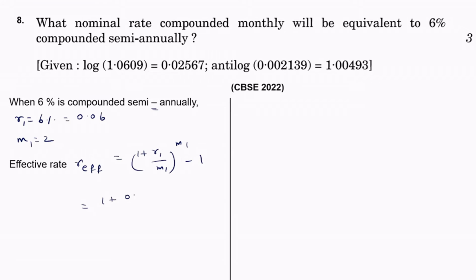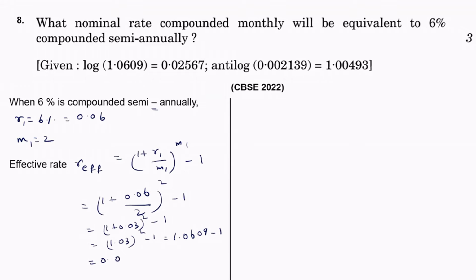So it is 1 plus 0.06 by 2 the whole square minus 1. It is 1 plus 0.03 the whole square minus 1. So 1.03 the whole square minus 1. Here 1.03 the whole square is 1.0609 minus 1. So this is 0.0609. So this is R effective.